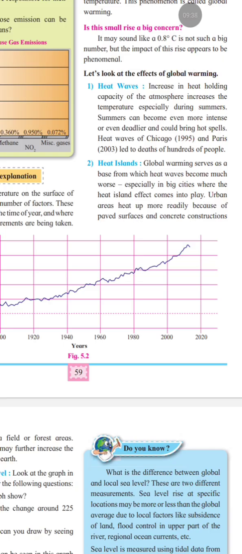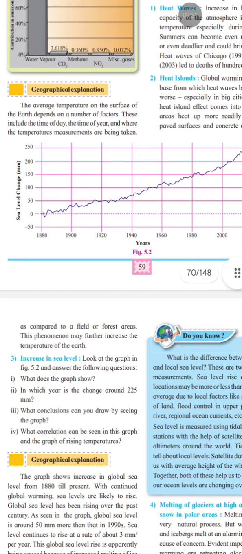Therefore, cities can become hotter than their surrounding areas. This is known as the urban heat island effect. And when global warming is combined with the urban heat island effect, temperatures in cities can become even more severe.